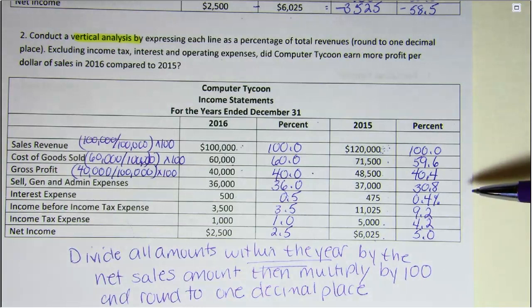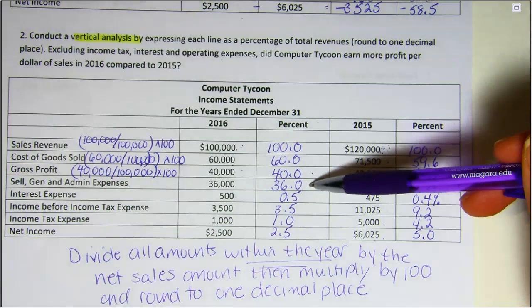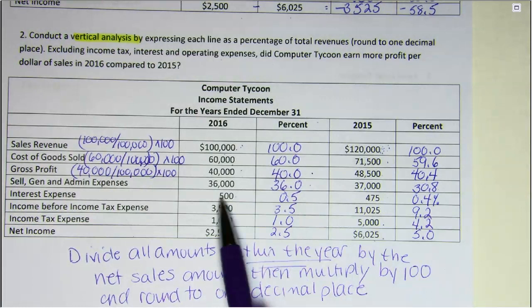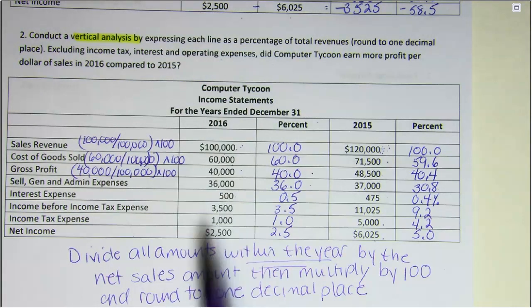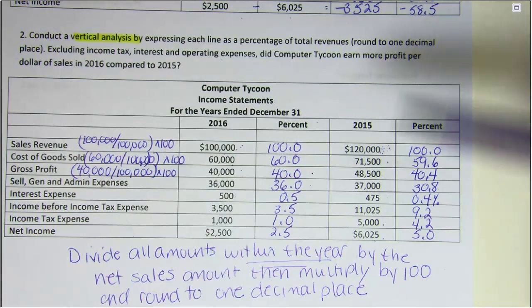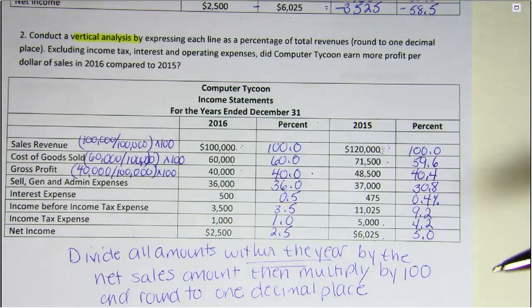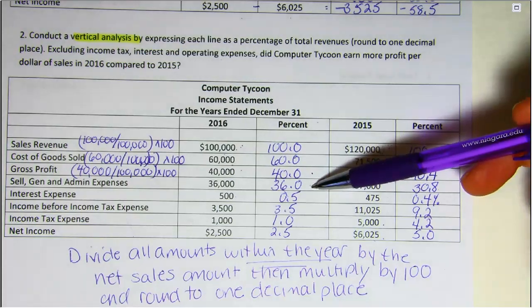As a percent of every sales dollar, the selling general administrative expenses went up. Now, in real dollars, they went down from 37,000 to 36,000. But as a percent of the sales dollars in each year, it rose from 30.8 to 36.0.